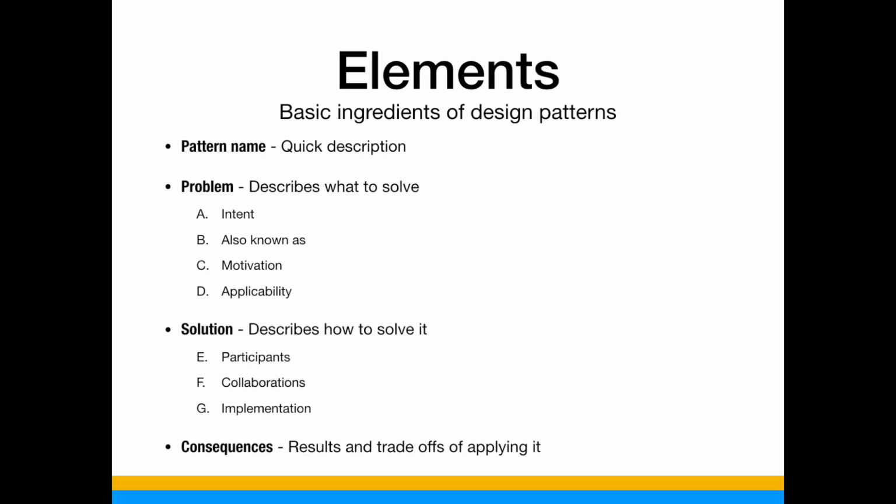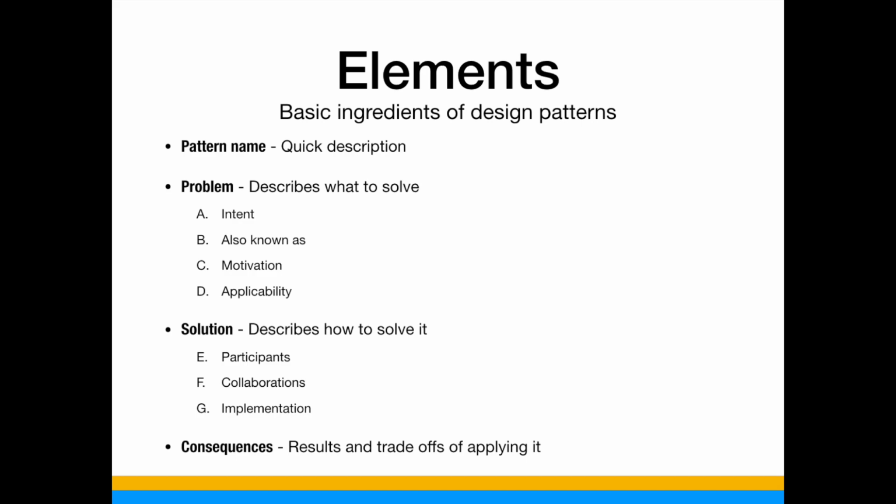Okay, so what are the basic ingredients of a design pattern? Well, a design pattern has 4 parts: the name that describes them, the problem that they are solving, the solution that they are aiming to correct, and the consequences, meaning what are the trade-offs, the pros and cons of applying it.